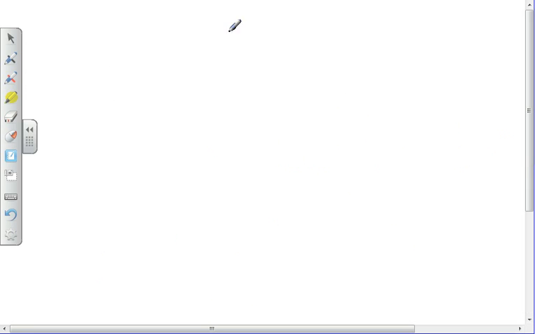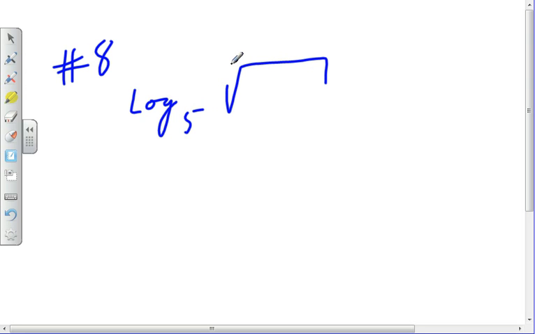All right, back to number 8. Log base 5 of the 4th root of x y squared z. It is in my book, number 8. What is your problem? Wasn't the last one number 8? The last one was number 8.